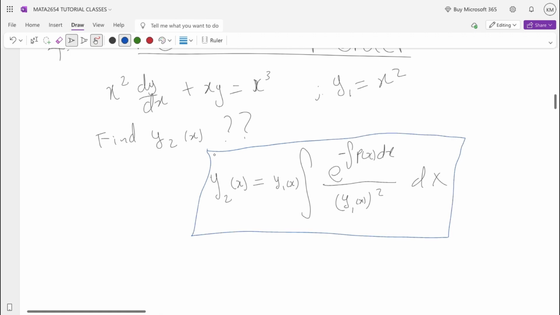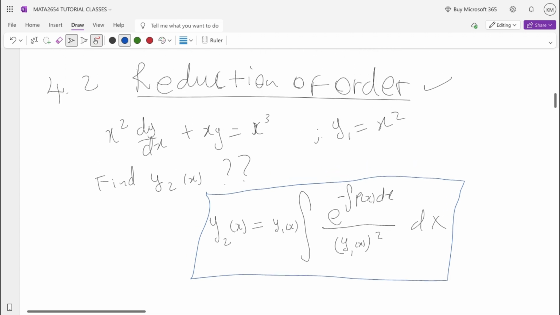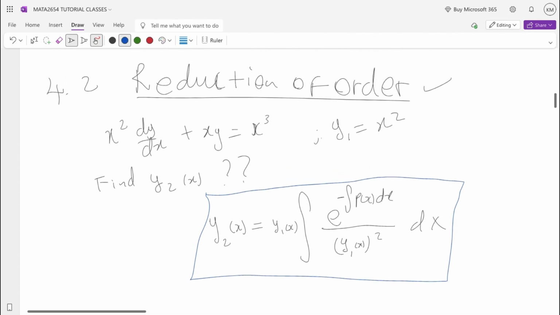This has to be your best friend when you are dealing with reduction of order. They give you one solution and they want you to find the second one.